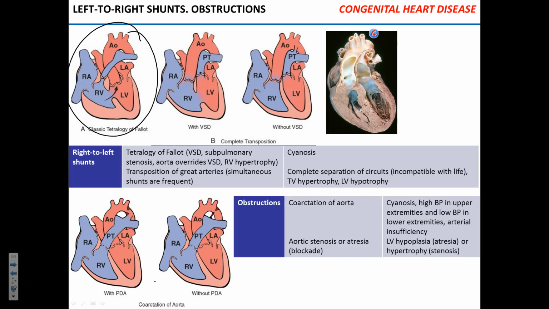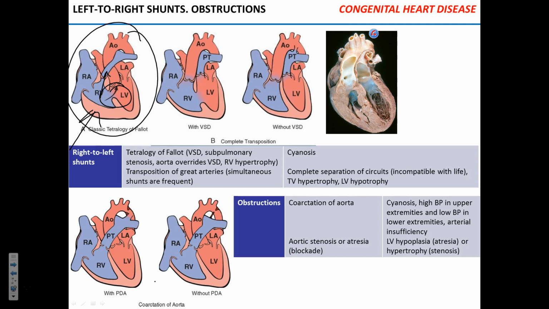Tetralogy of Fallot is not as frequent, and in this case, the poor child has several problems. First, a shunt between the right and left ventricle. It has pulmonary stenosis. Stenosis is the narrowing of a blood vessel. Does that make sense? And right ventricular hypertrophy. Now this is fascinating. Think about this.